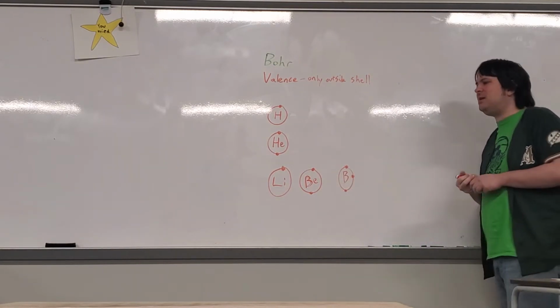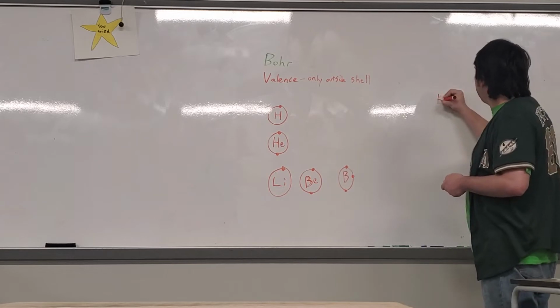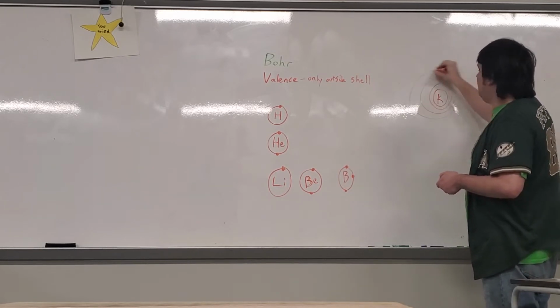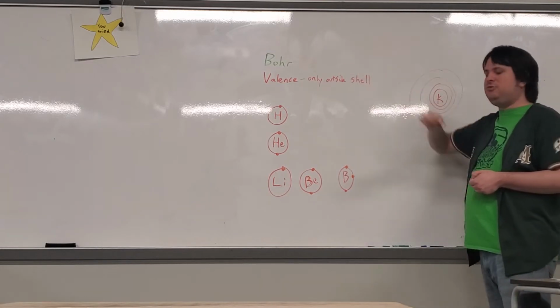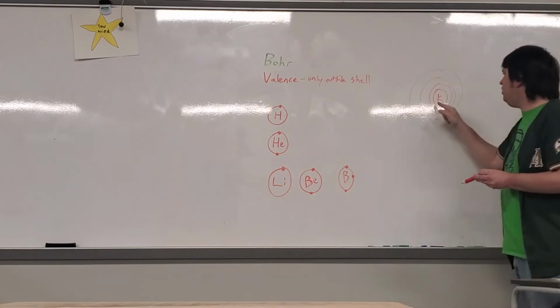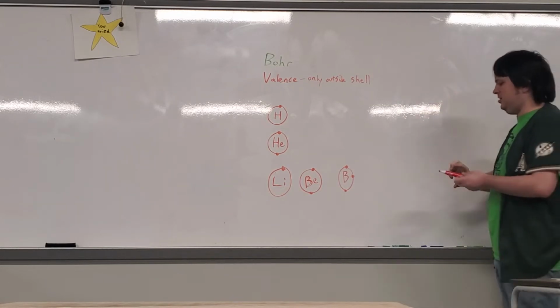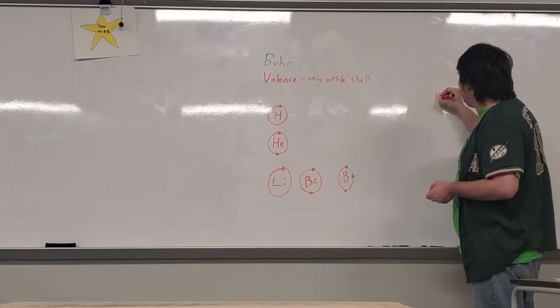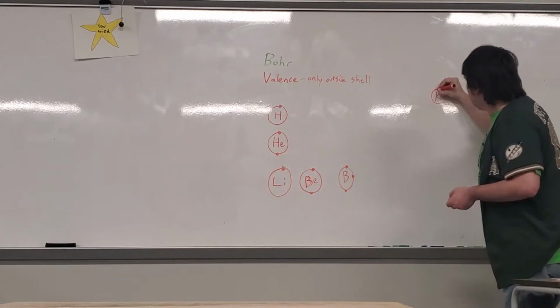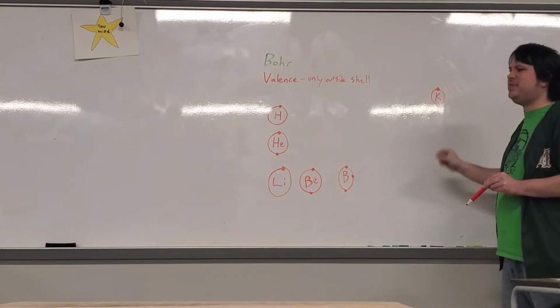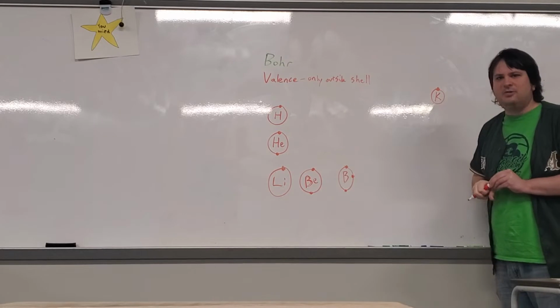So even if you got to something like potassium, which would normally look something like this, if you did that Lewis dot, or you did the Bohr diagram, you'd have 4 different circles. But in the valence electrons, we only focus on the outside. Potassium would have 1 single valence electron because we'd ignore everything that's not on the outside.